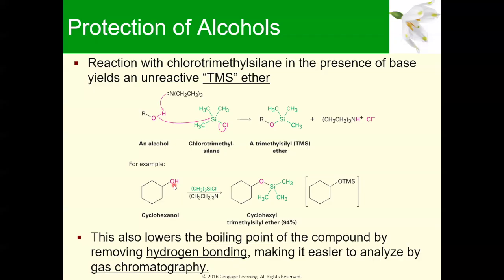So again, this OH group engages in hydrogen bonding, which elevates the boiling point of this material. So if I replace that with something other than hydrogen, it can no longer engage in hydrogen bonding. And so that's going to lower the boiling point. And in many situations, you need that specifically for analyzing the compound in gas chromatography.